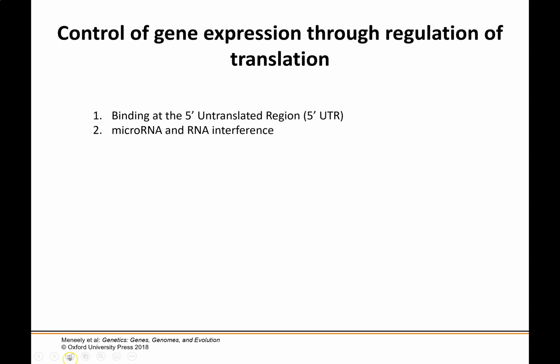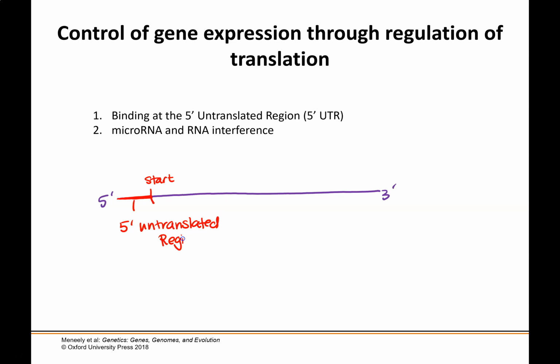And so we might have a messenger RNA that is produced, and for some reason the cell does not want it turned into a protein. It turns out that there's a small region at the front of the messenger RNA, right before the start codon, called the 5' untranslated region.